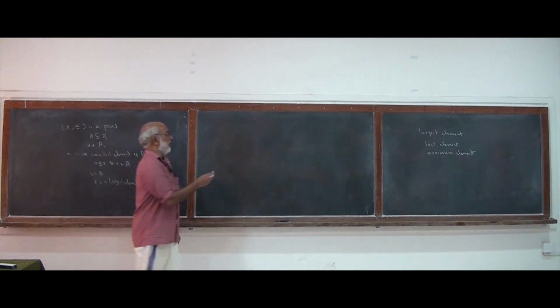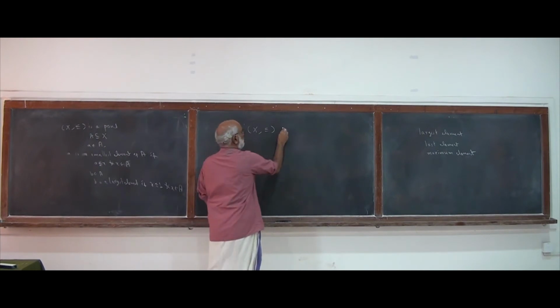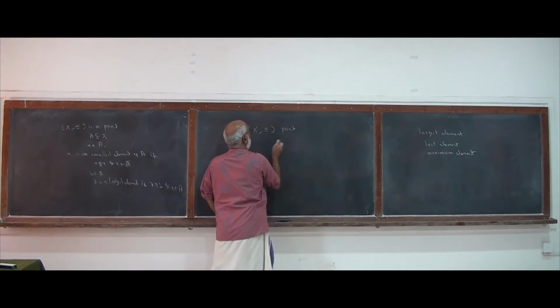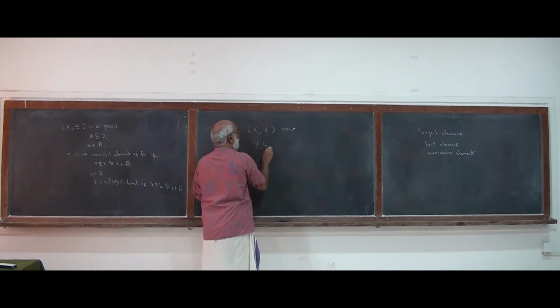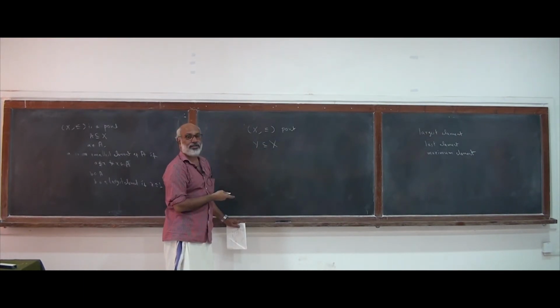Now, suppose X with less than or equal to is a partially ordered set. Then, if Y is a subset of X, we can also consider Y as a poset.